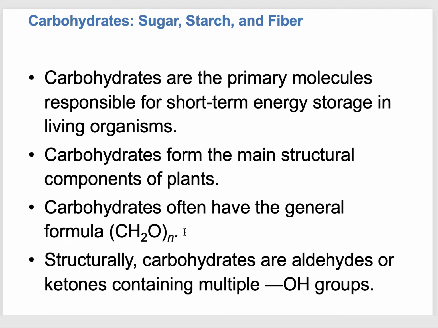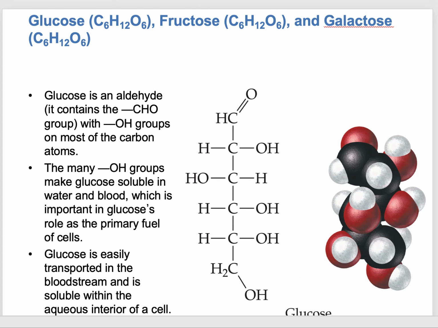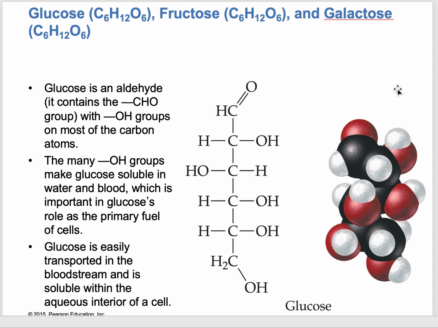Structurally, carbohydrates are either aldehydes or ketones, and contain a lot of OH groups. That's the alcohol functional group, and that's why they're very soluble in water. And here is the structure. The first one, glucose. Believe it or not, glucose, fructose, and galactose are all simple sugars. These are all monosaccharides. Mono means just single units.